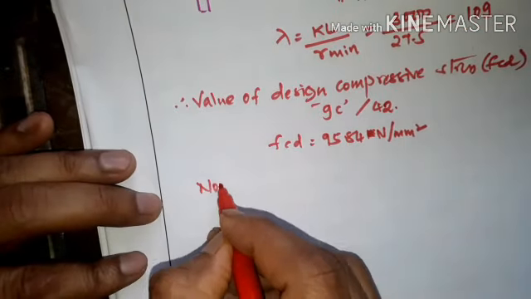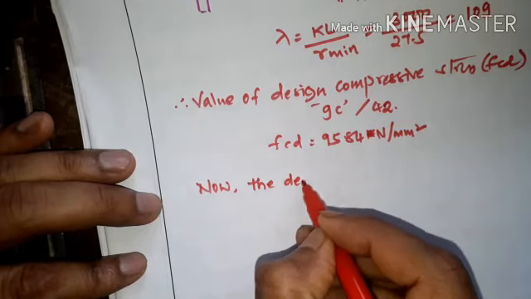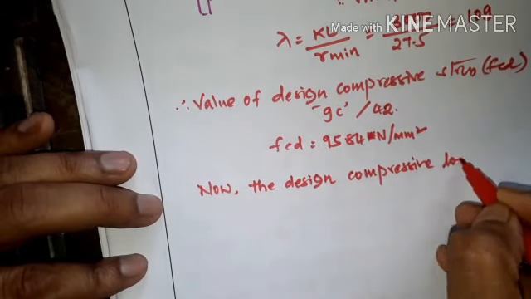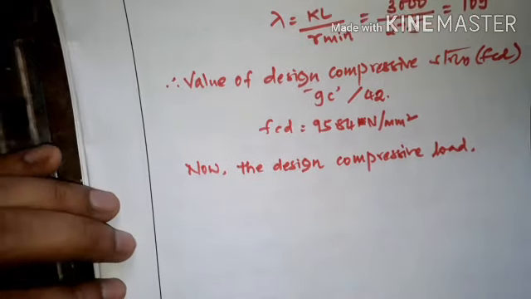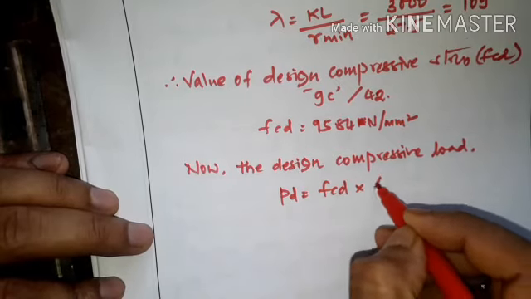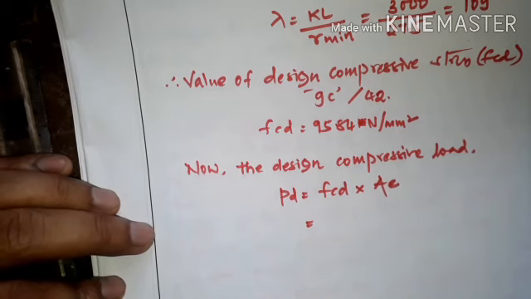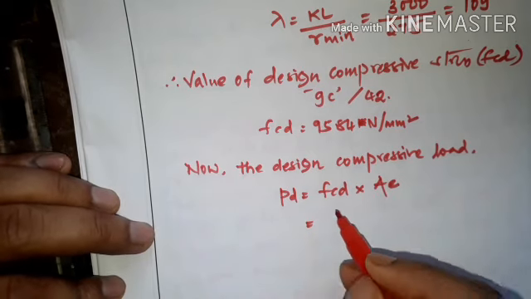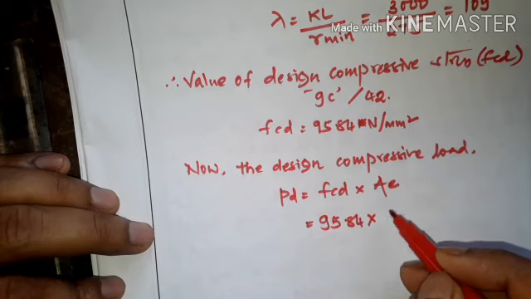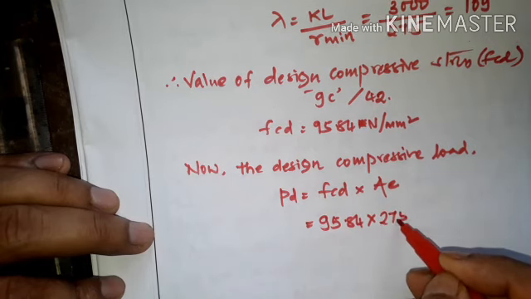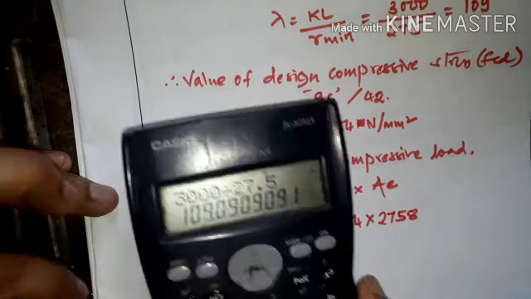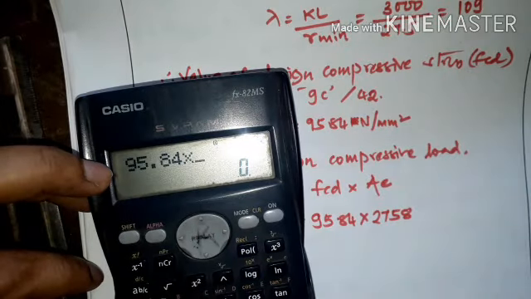So now the design compressive load PD is equal to FCD into AE, the area. So FCD is 95.84, into area, 2758.